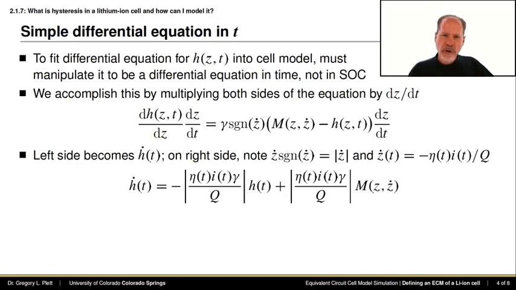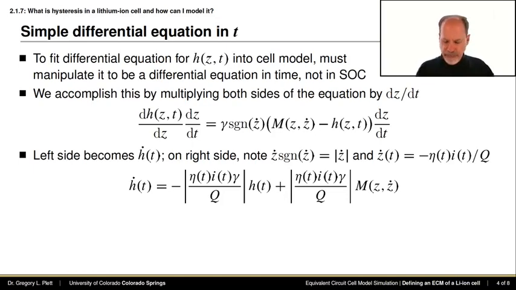If you go through the mental exercise to think about what that looks like, x times sine of x is actually equal to the absolute value of x. And so those two terms combine to be the absolute value of z dot. And then we go to the state of charge equation in continuous time and evaluate what z dot is. Oh, we know what z dot is. z dot is equal to negative eta times I divided by q.